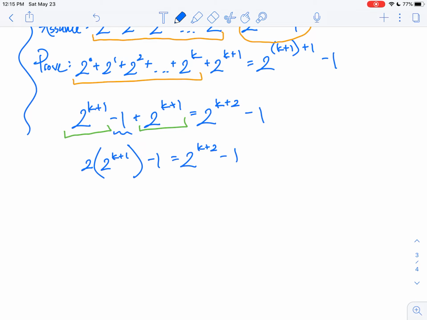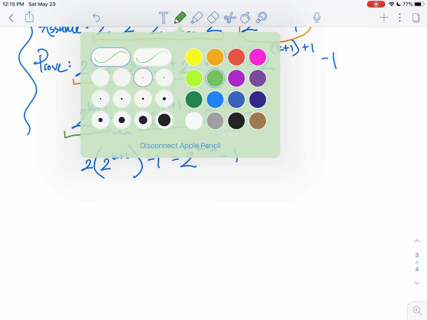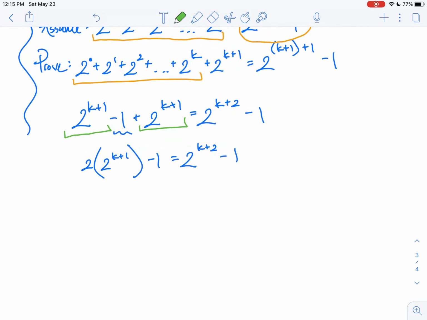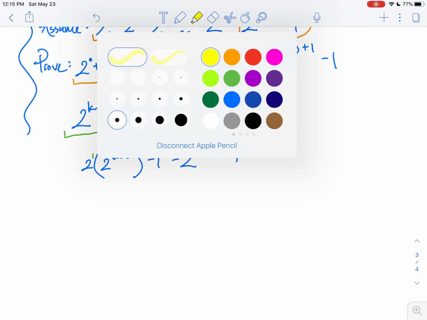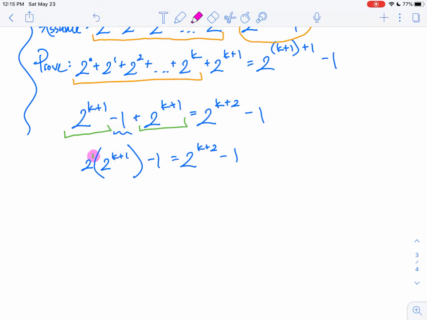Now we're going to use our rules of exponents. The rules of exponents say that if I have a number and I don't see an exponent written, it's really a 1. And if I have the same base and I'm multiplying, then what I do to the exponents is add them. So I can take this 1 and this k plus 1 and add them because they both have a base of 2.